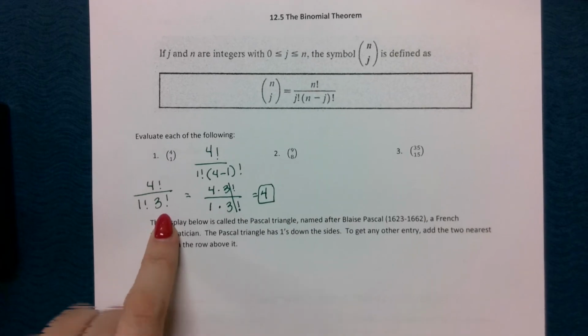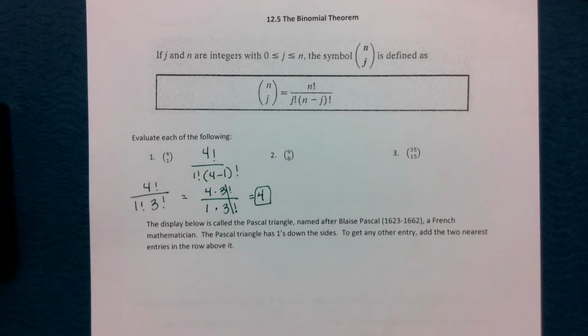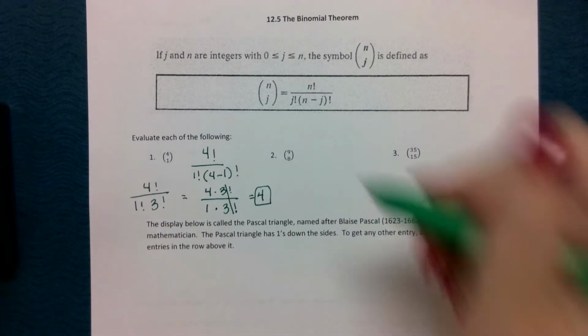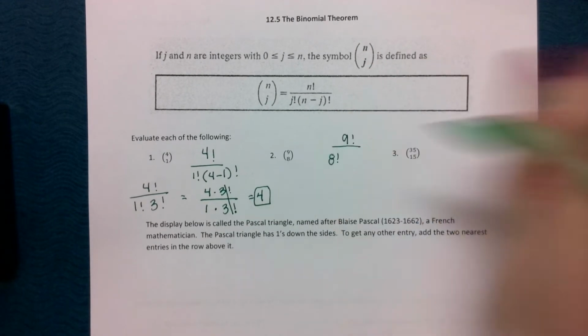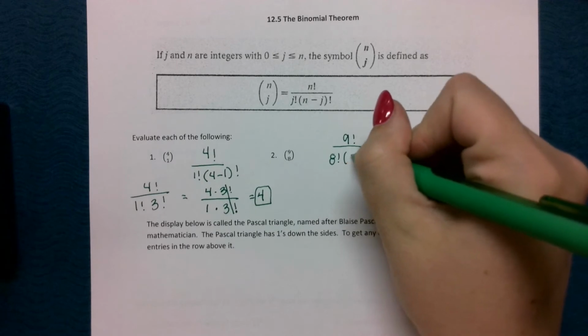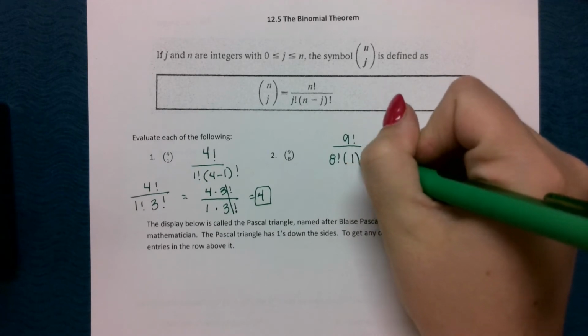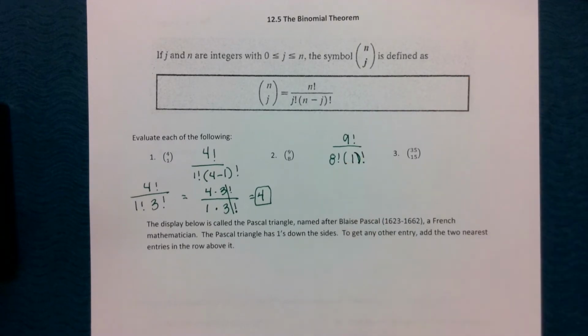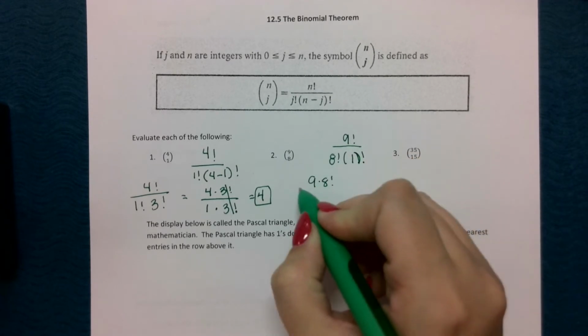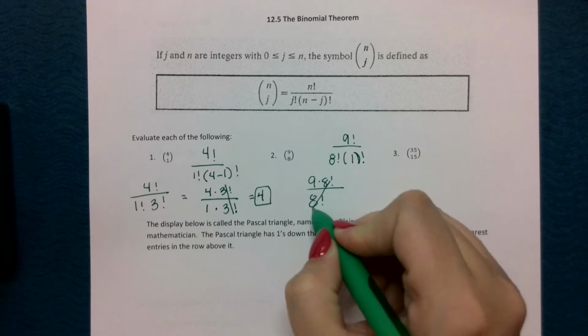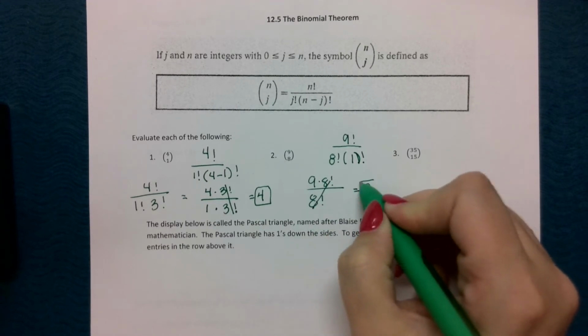If you had to do that by hand, you could. Number 2, we've got 9 factorial over 8 factorial times (9 minus 8), which would be 1 factorial. Once again, 9 factorial could be written as 9 times 8 factorial, those cancel out, just leaving us with 9.